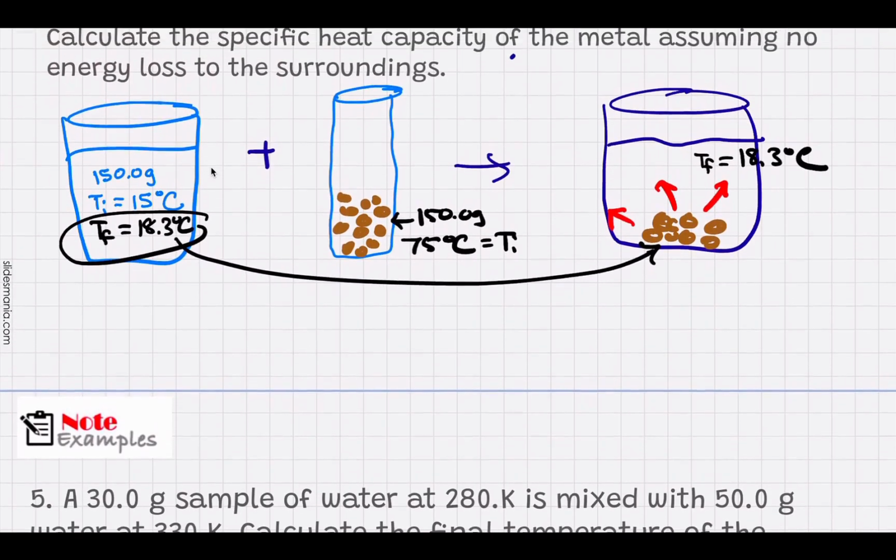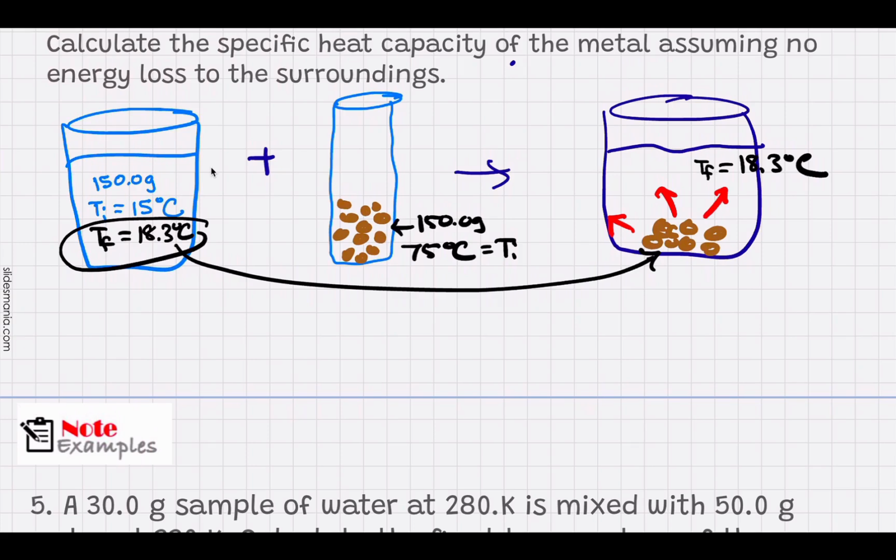So in this question, we're going to want to calculate the amount of energy that the water absorbs by taking the water mass times specific heat capacity of water times the delta T of the water. So 150 grams, 4.18. And then the water went from 15 to 18.3.